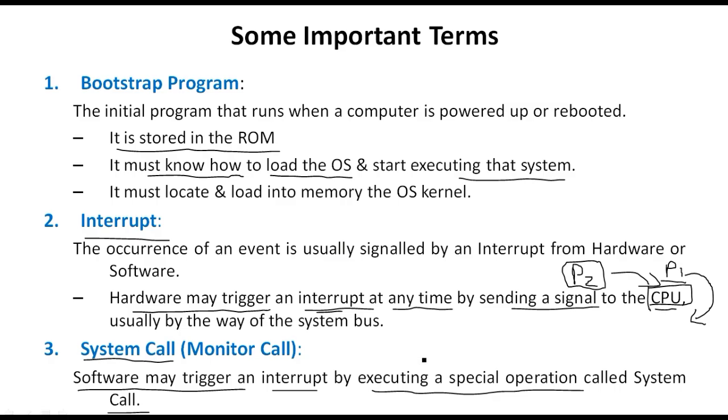You might have understood the difference between system call and interrupt. Interrupt means the trigger or event is done and the signal is sent by the hardware. Triggering or signal sent by the software is called a system call.